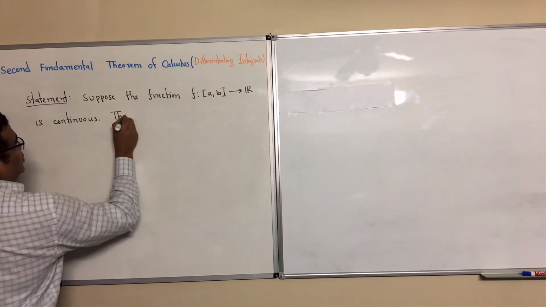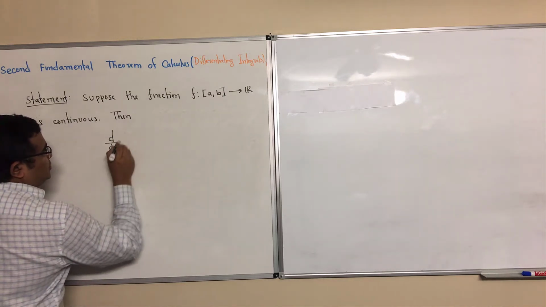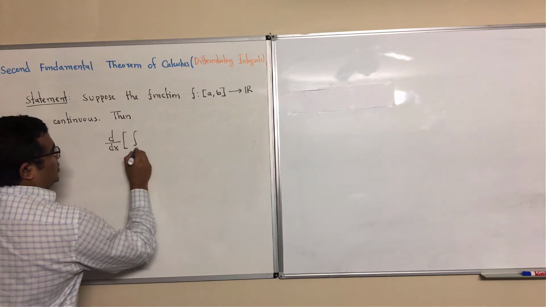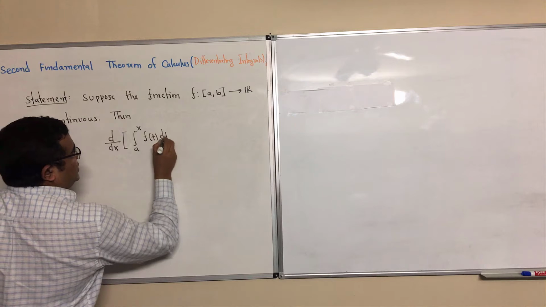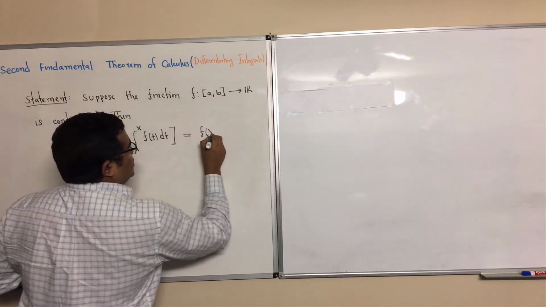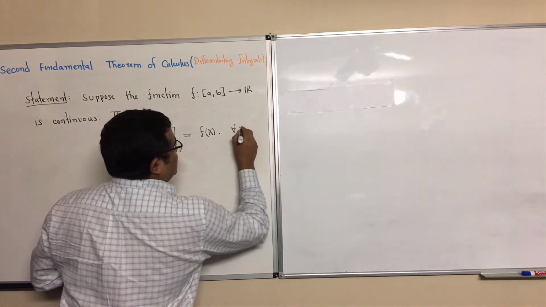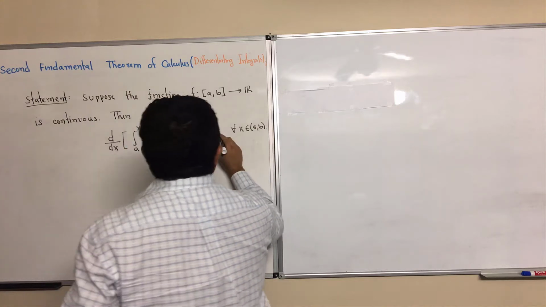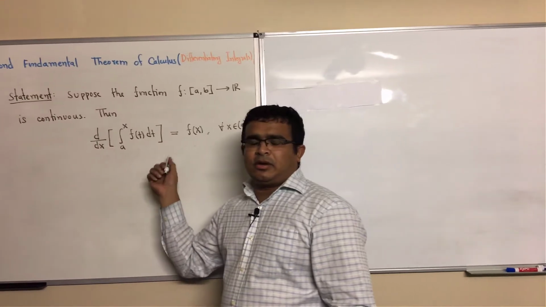Then the conclusion is d/dx of the integral from a to x of f(t) dt equals f(x) for all x in (a, b). So this is the statement of the second fundamental theorem of calculus.